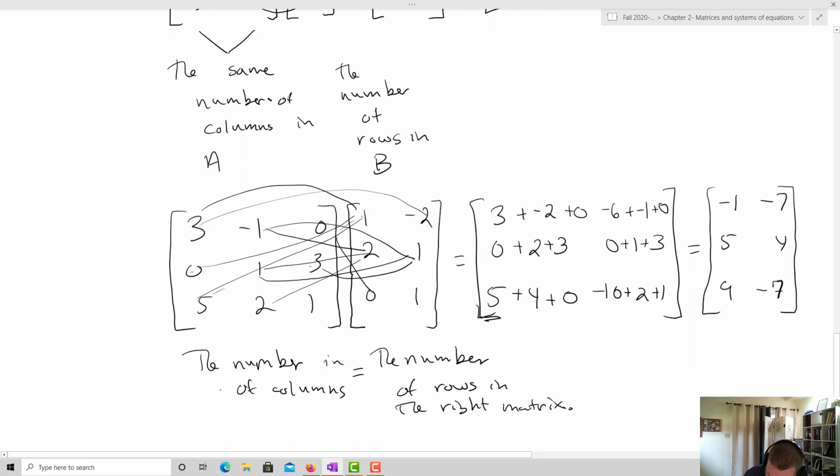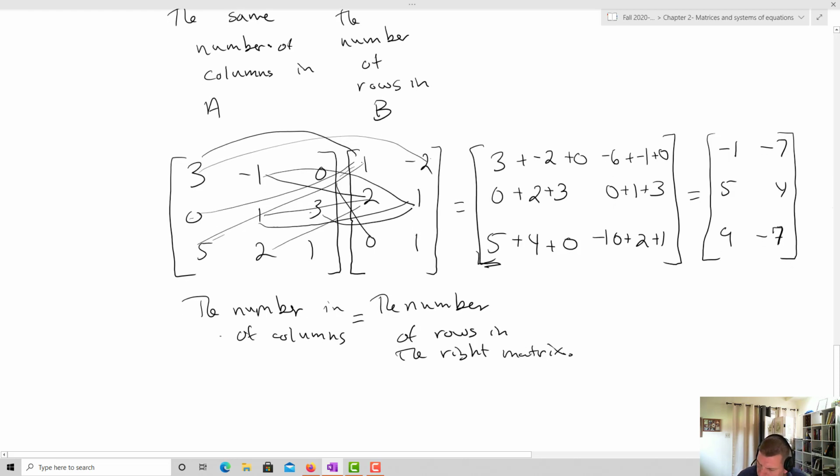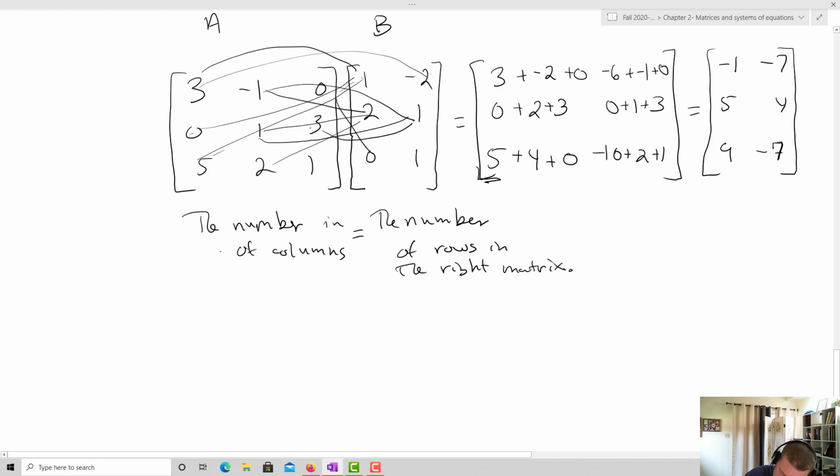On the other hand, what if we flip them around? If we flip them around, we'd be trying to multiply a row vector, say 1, negative 2, times the column vector 3, 0, 5. But that doesn't work.